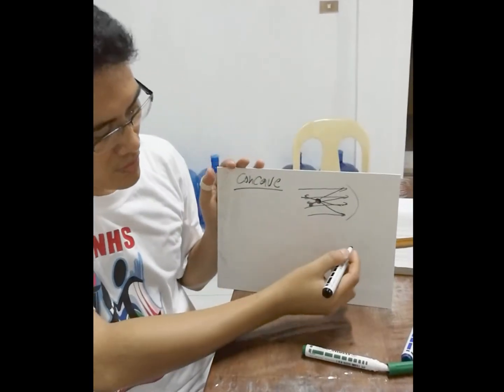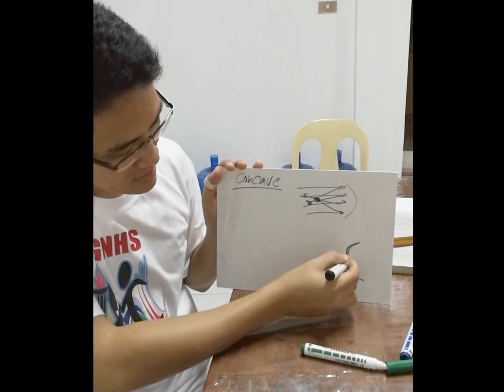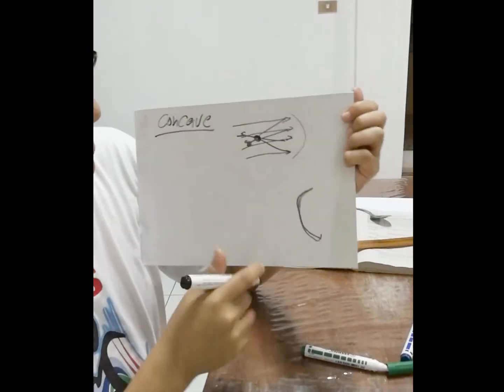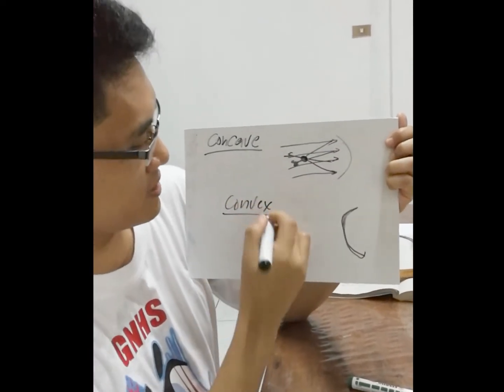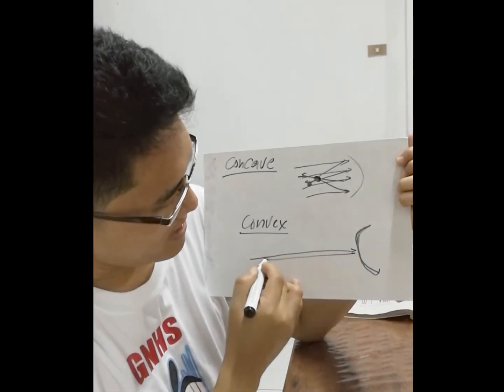And then you have a convex mirror. And the convex mirror is quite different because, you know, if a light ray hits here, it gets reflected back.